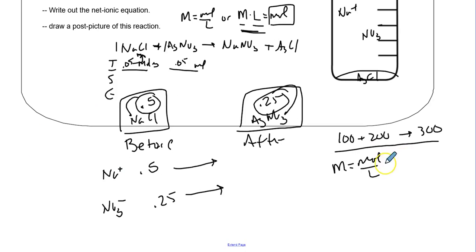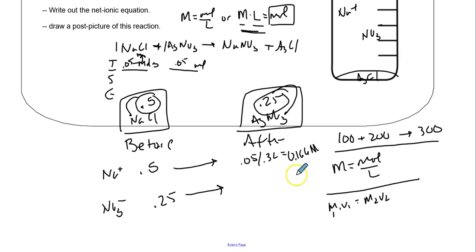So 0.05 divided by 0.3 liters is my concentration. Same moles, new volume. 0.05 divided by 0.3 equals 0.166 moles per liter. The other version, because I'm not adding any new stuff in, is that it's a dilution. M1V1 equals M2V2.